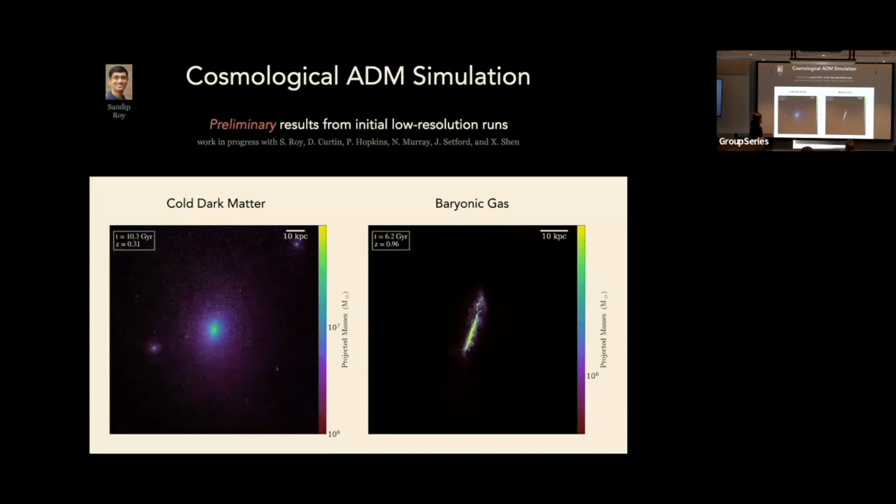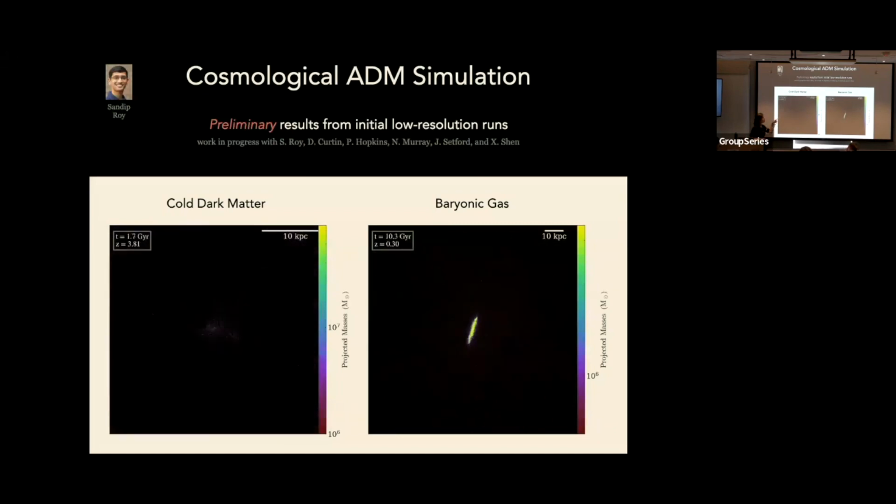And this just keeps going. Here we're almost at present day. Now you can really see the central part of the dark matter halo, and the satellite mergers are continuing. With the baryonic gas, we're almost at Z equals 0, and we have a stable disk that's staying there and continuing to rotate around.